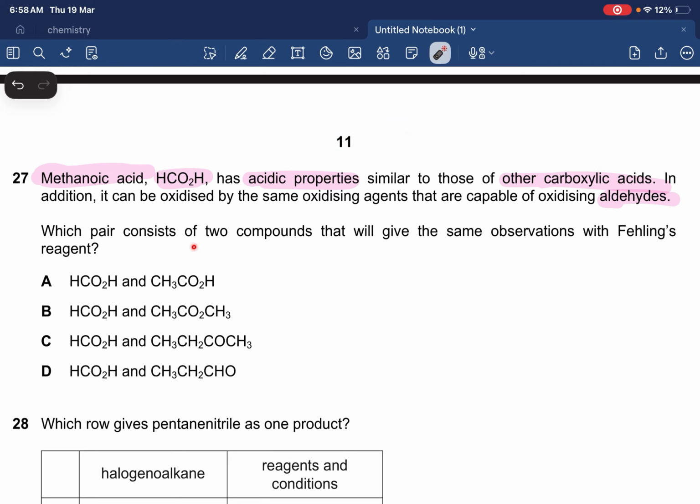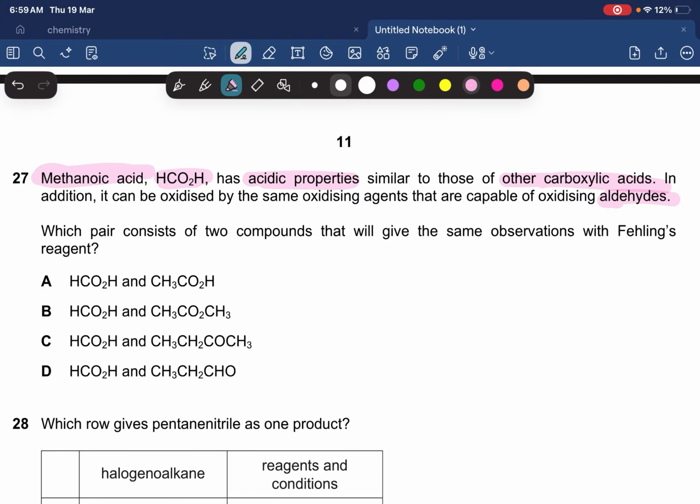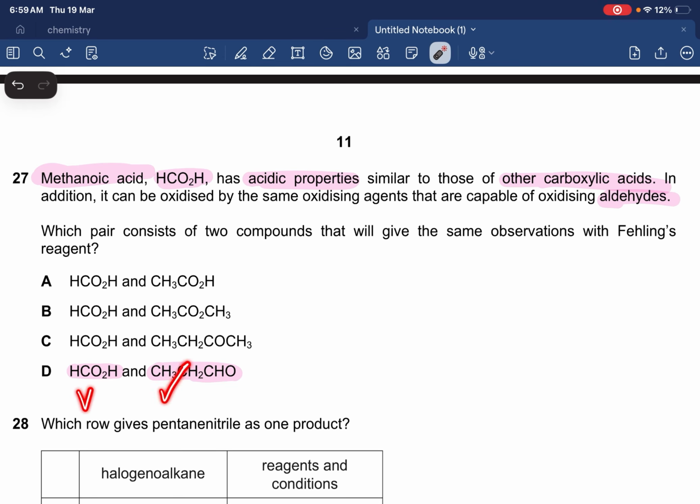Which pair consists of two compounds that will give the same observation with Fehling's reagent? Okay, so Fehling's reagent, we need the same observation. Over here, this is methanoic acid, and this is our aldehyde, and they just told us that aldehyde and acid both are going to be oxidized.